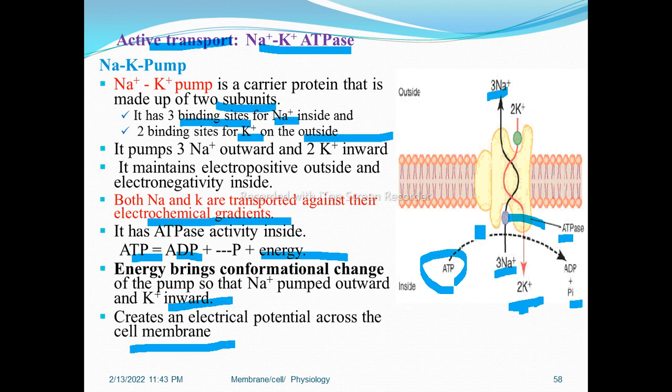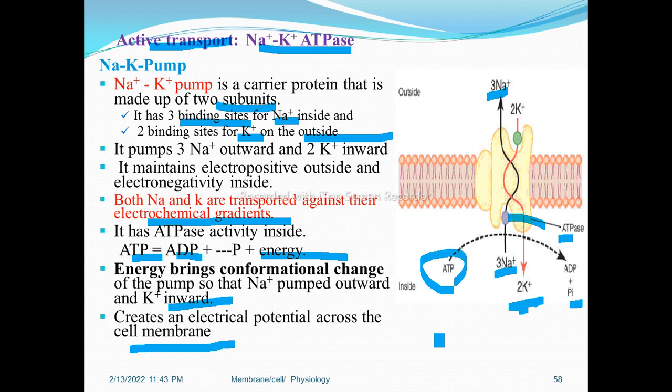So sodium moving from inside to outside is against the concentration gradient, because it moves from the lower concentration inside the cell to the higher concentration outside. Potassium is also against its gradient: since potassium is high in intracellular fluid, moving it from outside to inside means moving from lower to higher concentration. This is an important concept of the sodium-potassium pump.